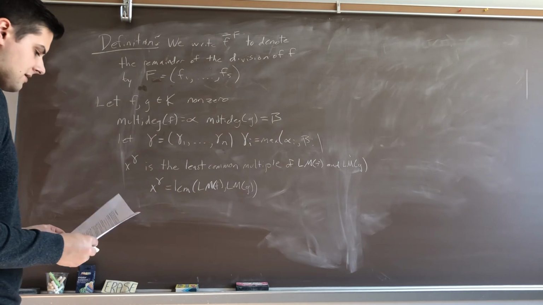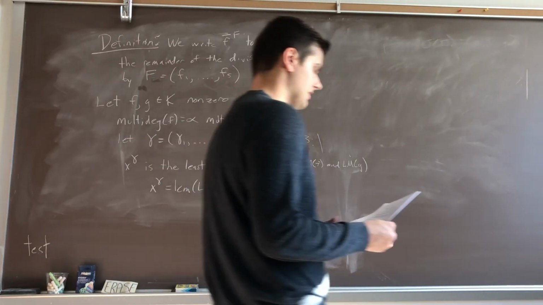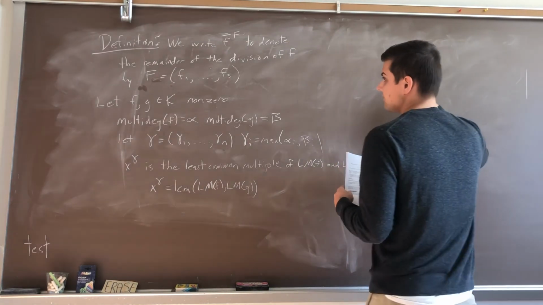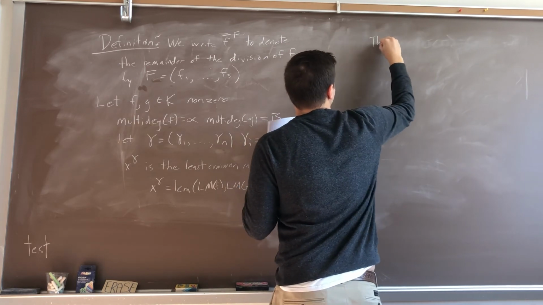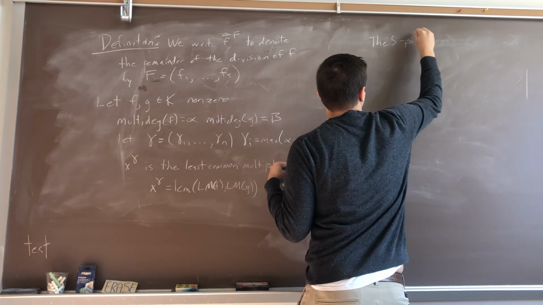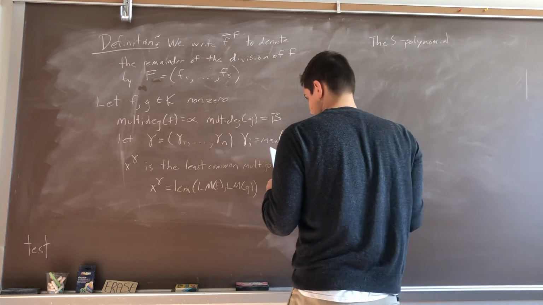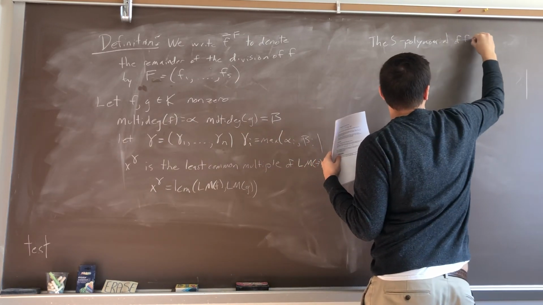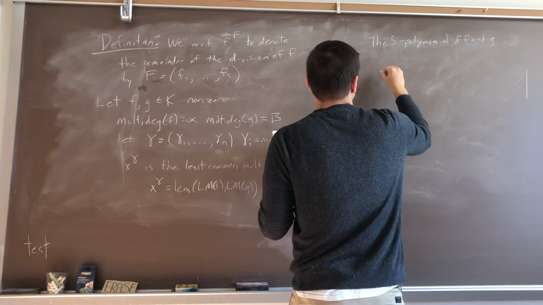Okay, now the last definition that we need to state the criterion is called the S polynomial. So we define the S polynomial of f and g, and the order does matter with this, is defined like this.